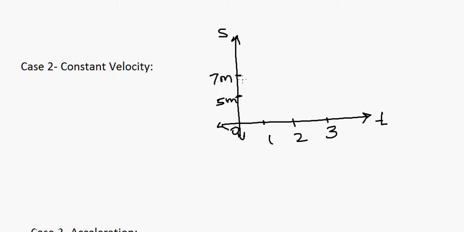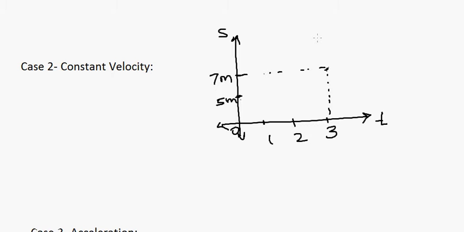My final position is going to be this point, as it took me 3 seconds to go from this point to this. My initial position is this, my final position is this. So in essence, I traveled from this point to this point.